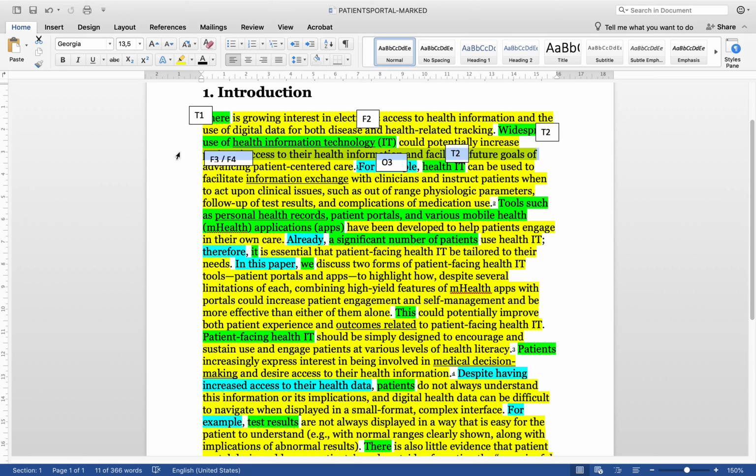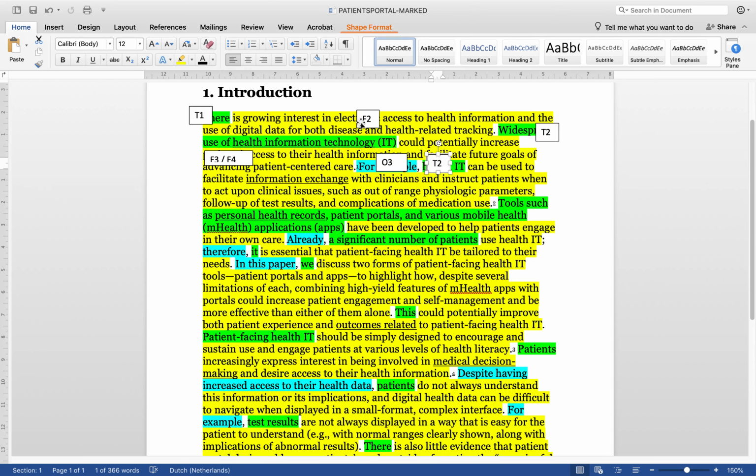Just by looking at the numbers, you can see already that at least this part of the text is relatively tightly knit, right? You go from topic 1 to focus 2, then you pick up that focus as a topic again, you say something about it, focus 3 or 4, basically giving the reader the option, okay, I might continue with focus 3 or focus 4, I'm not sure yet.